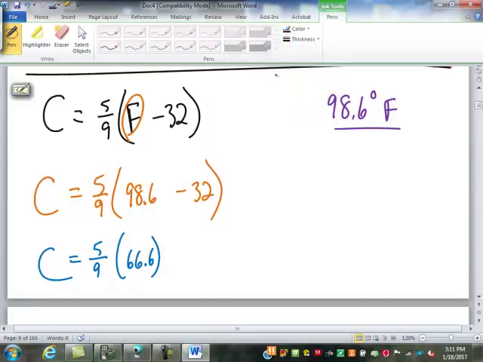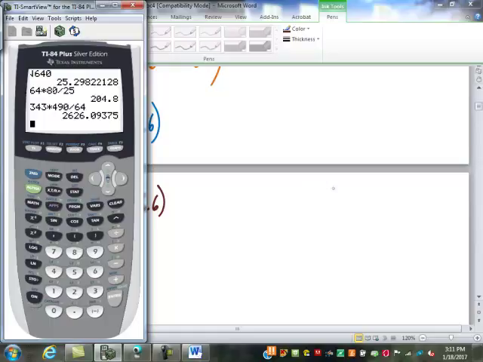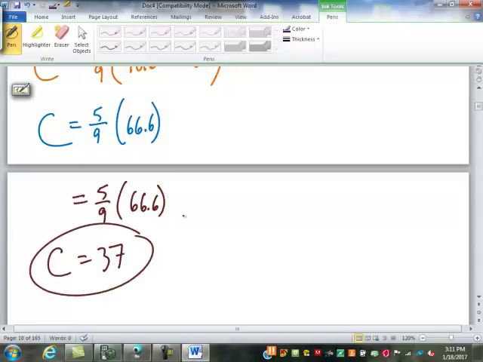Now we can get rid of the parentheses. So this is 5/9 times 66.6. Now if you're struggling to do this on your calculator, all you have to do is 5 divided by 9 times 66.6. And it pops up 37. So the Celsius temperature would be 37.